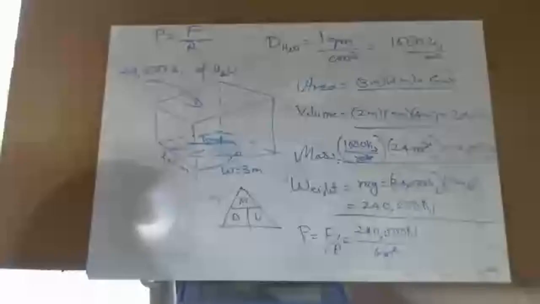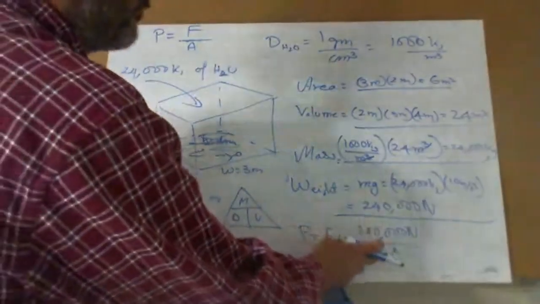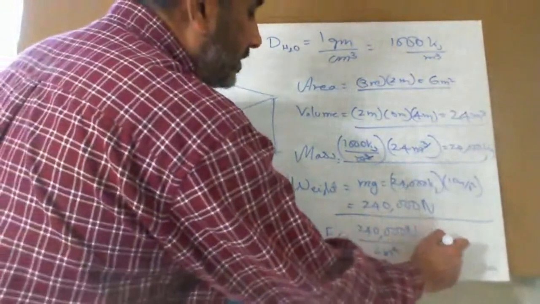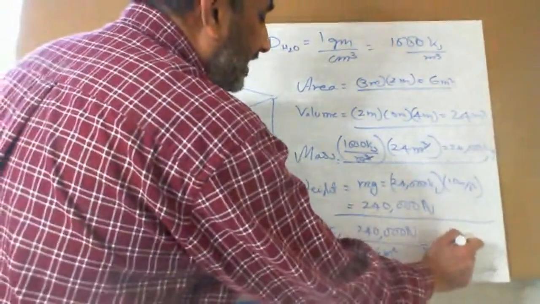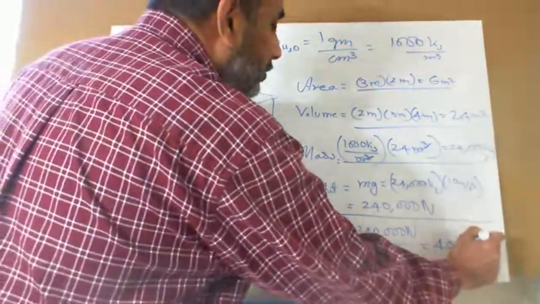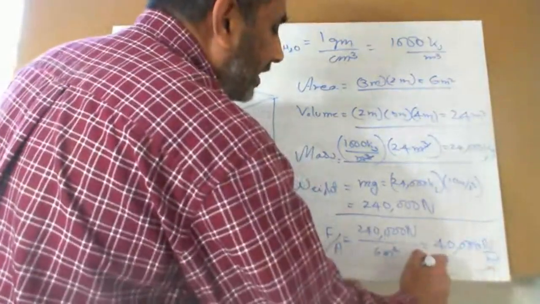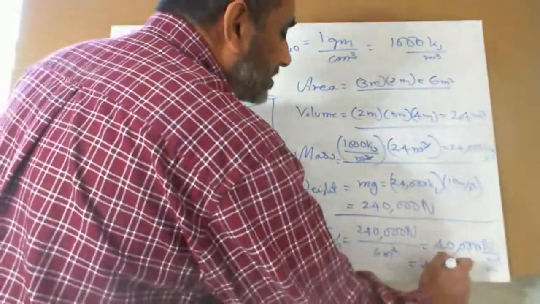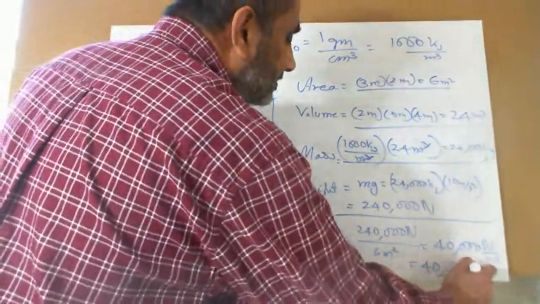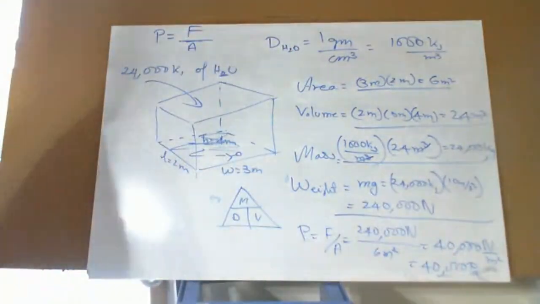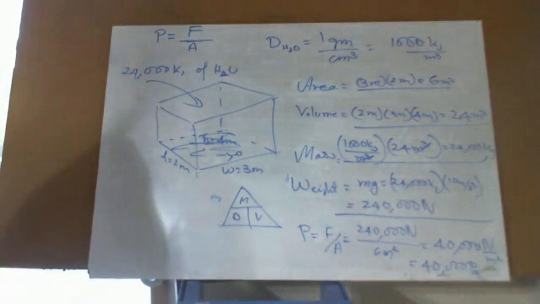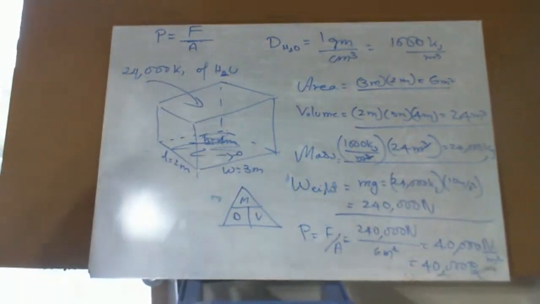Okay, and if you divide 240,000 by 6, you get 40,000 newtons per square meter. That would be the pressure, which, by the way, we call 40,000 pascals, right? Because pressure is measured in pascals.